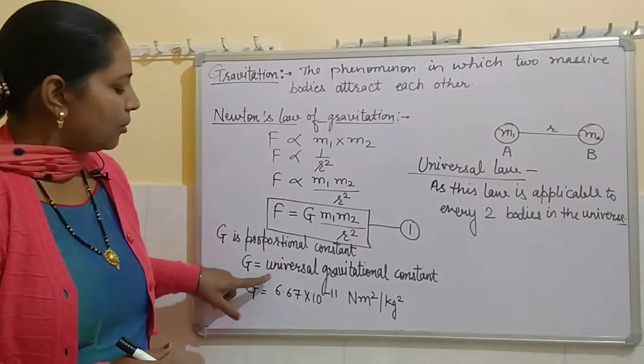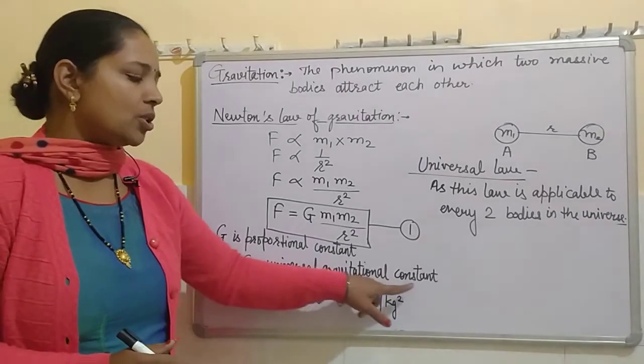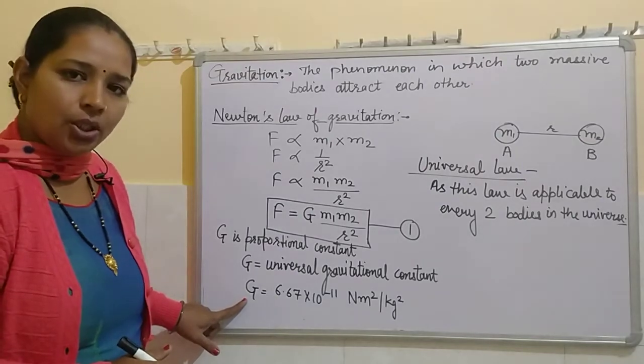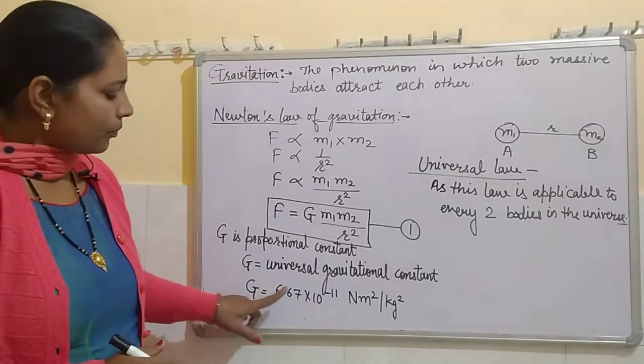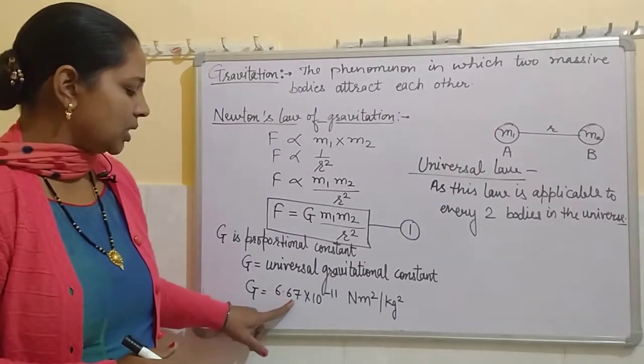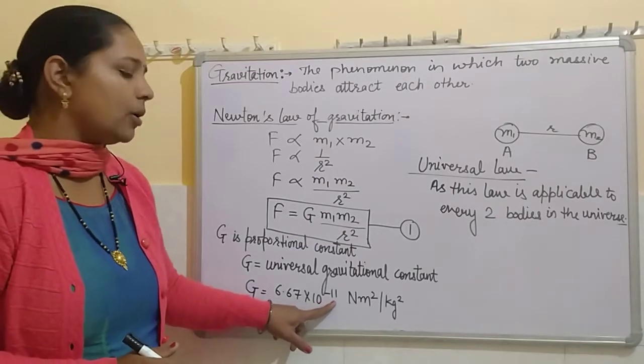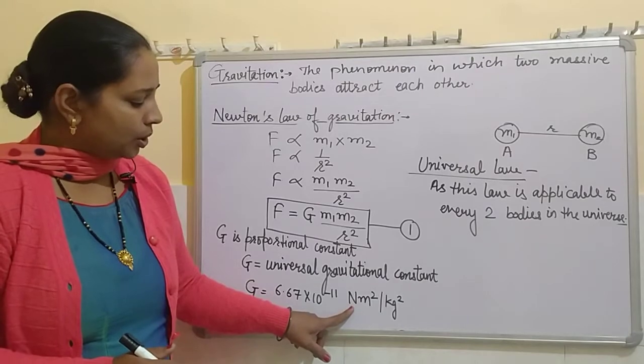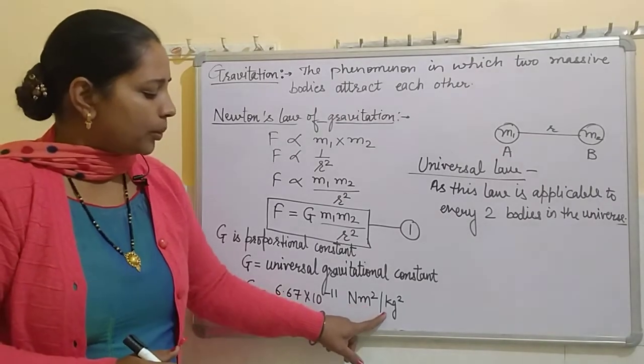That's why it is named universal gravitational constant. Its symbol is capital G. You can't change the symbol. Its value is 6.67 into 10 raised to the power minus 11 and its unit is Newton meter square per kg square.